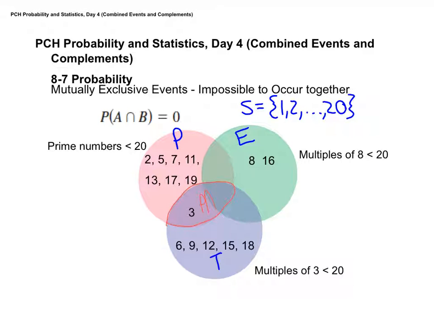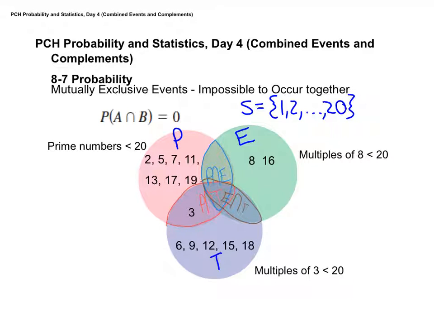This is P intersect T. 3 is in the intersection of sets P and T. Now, there are other intersections here as well. This right here is the intersection of P and E, and this part right here is the intersection of E and T.